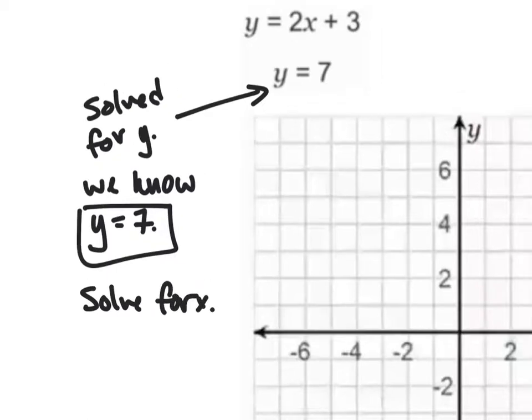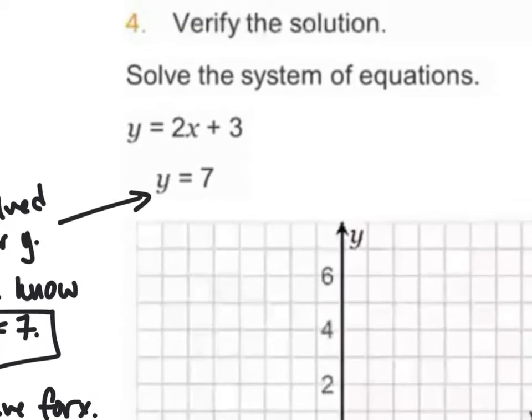Now, in order to do that, what I want to do is substitute 7 in for y. Now, how I think about it is that y is equal to 7. I'm going to take this value here, y equals 7, and I'm going to replace y in my other equation with 7, okay?